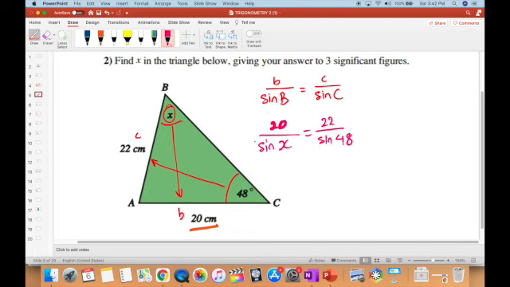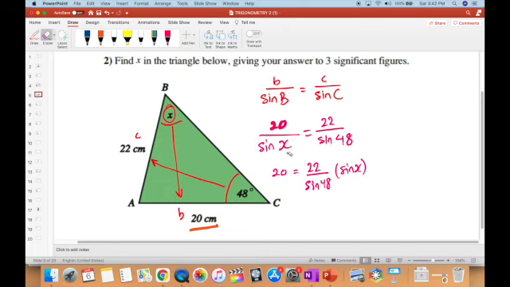So Soraya, this is divided by the sine of x. So if I fling that across, I'll just have 20 alone on this side. I'll have 22 all over the sine of 48 on this side, and that will be multiplied by the sine of x here. So you understand that?